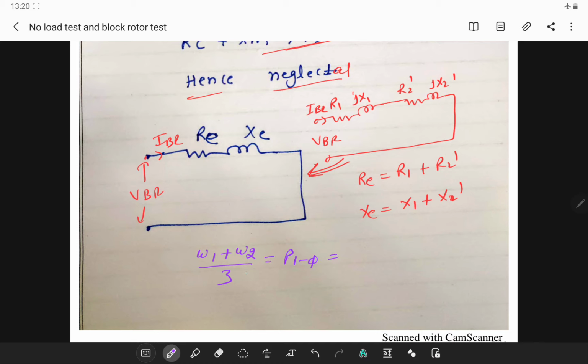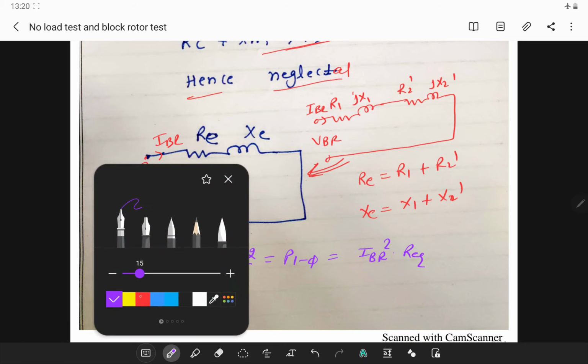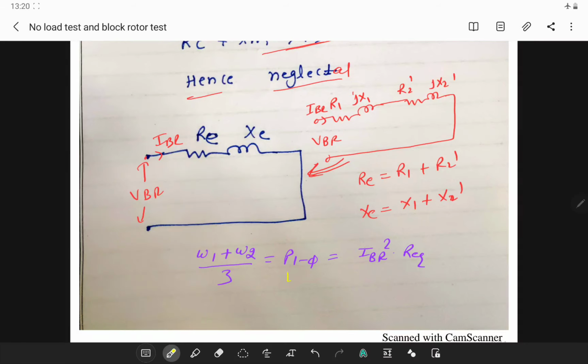So can I say it will be Ibr square into R equivalent? Yes or no? So I know the value of P single phase from the wattmeter. I know the value of Ibr by using the ammeter, and I will find the value of R equivalent.